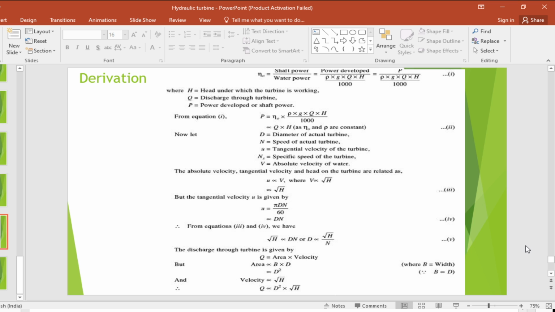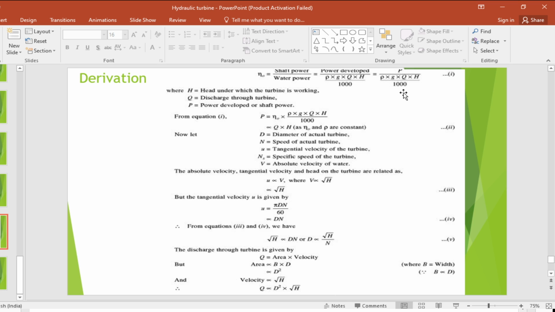Shaft power means the power which is developed, and water power we can find out by using rho g Q H by 1000. So the power developed will be P, and water power is rho g Q H upon 1000.